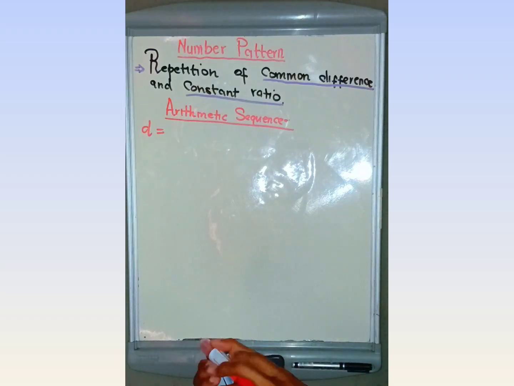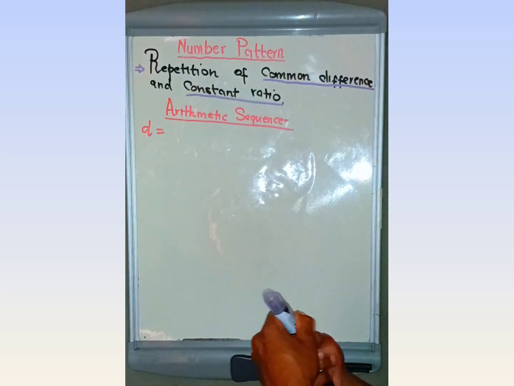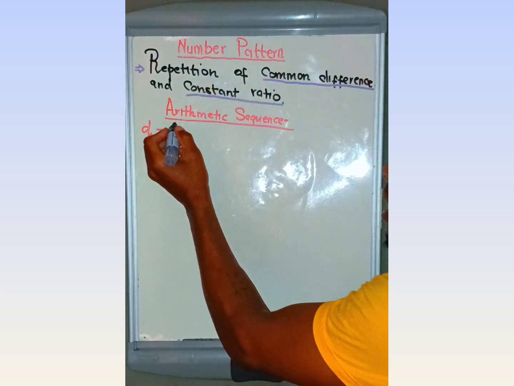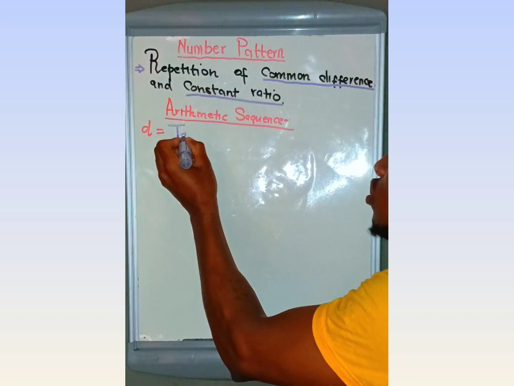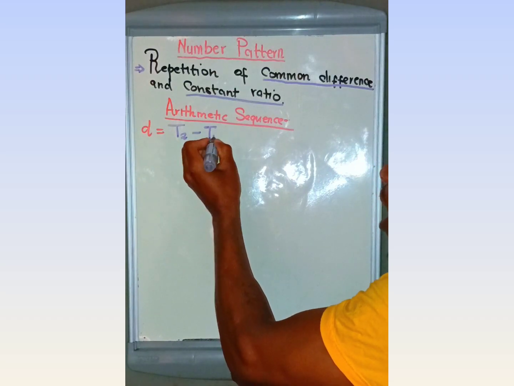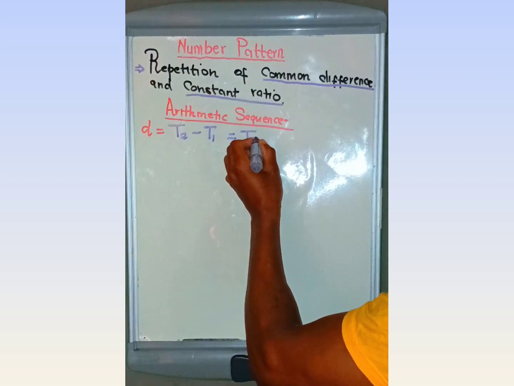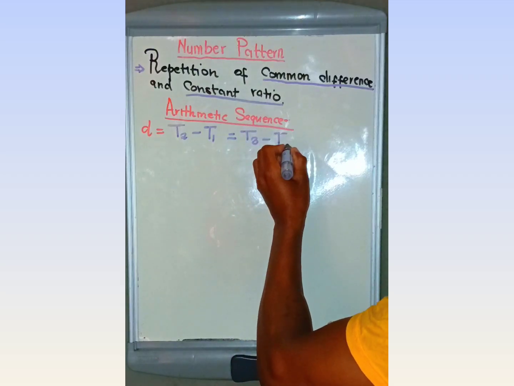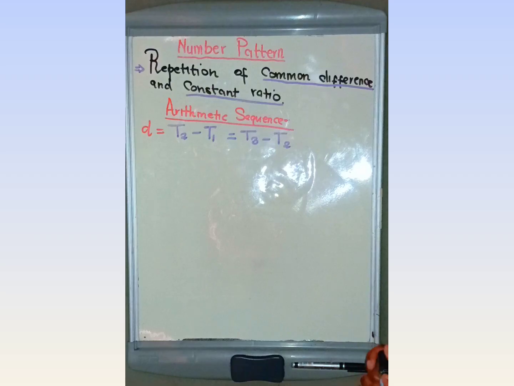The value of d is always equal to t2 minus t1, and must be equal to t3 minus t2. Remember, the difference is about the minus sign.